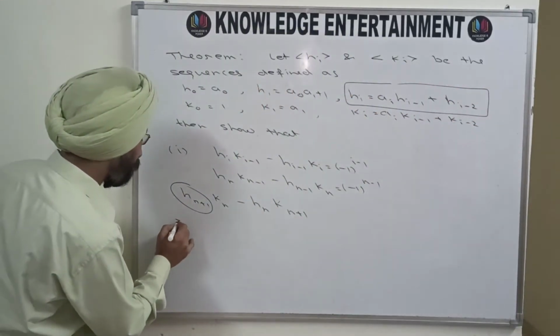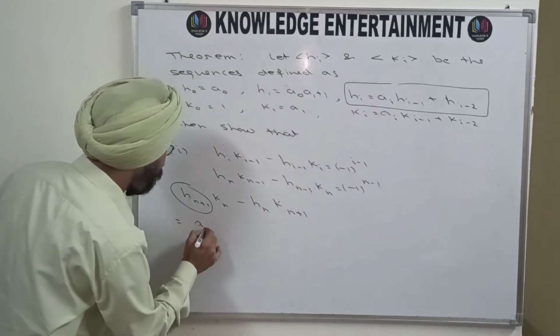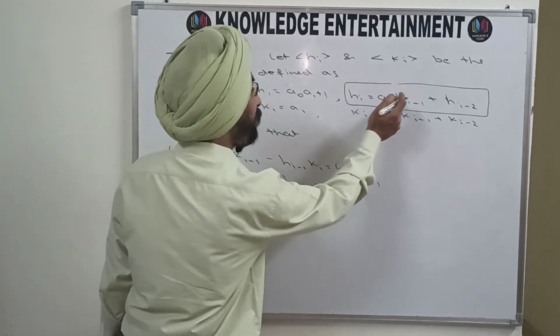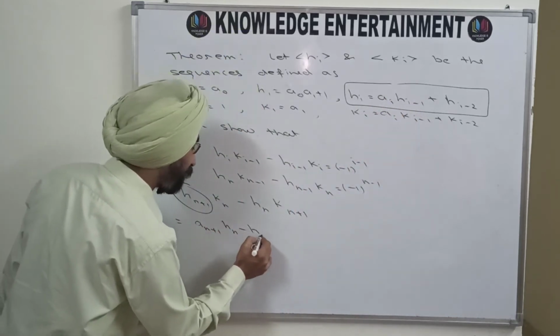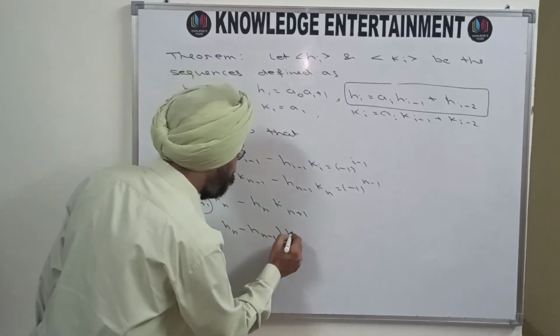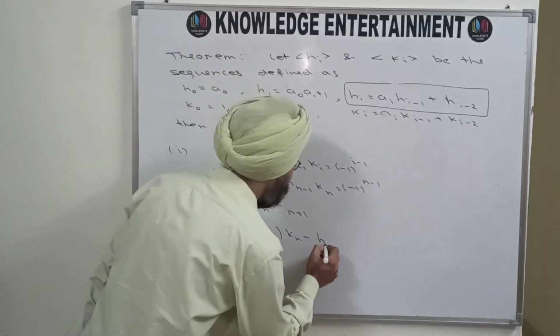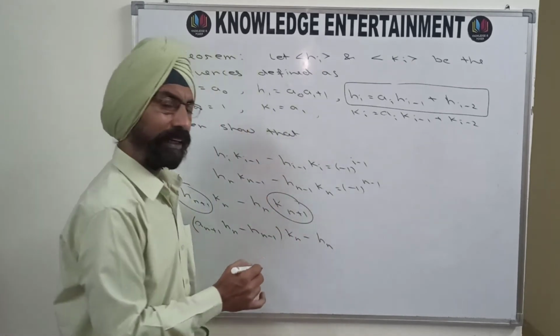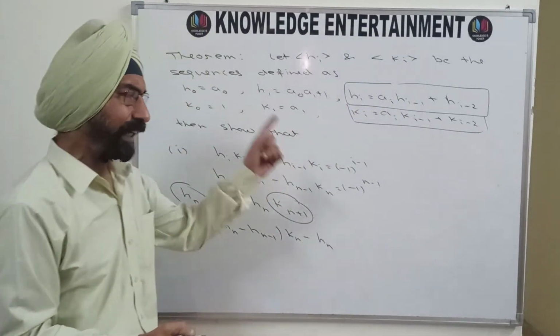Your hn plus 1 will become an plus 1 into hn plus hn minus 1, and this is multiplied by kn, minus this is your hn, and for kn plus 1 apply the recurrence definition of ki.